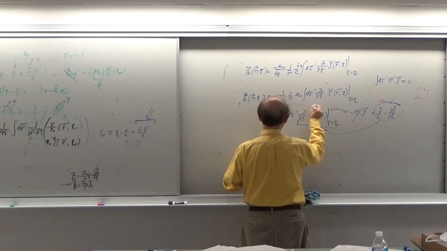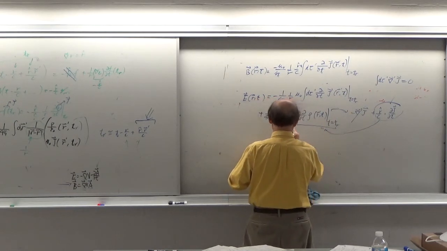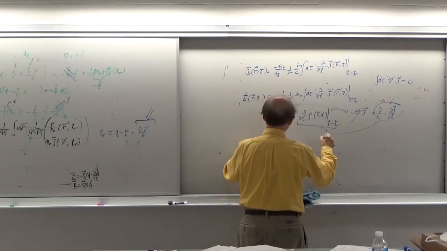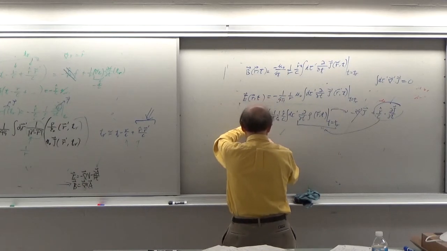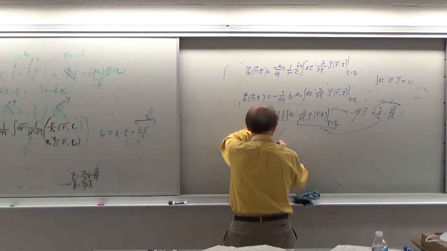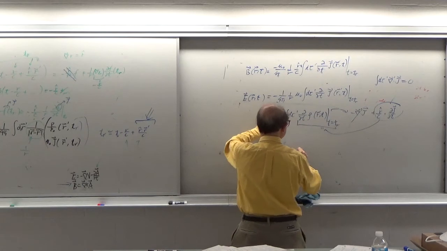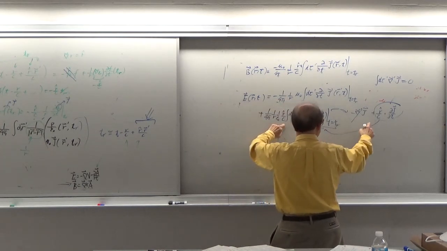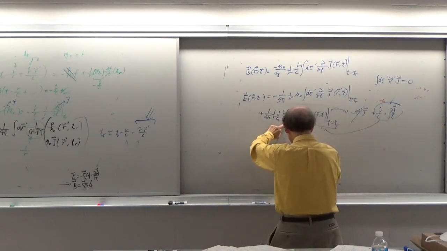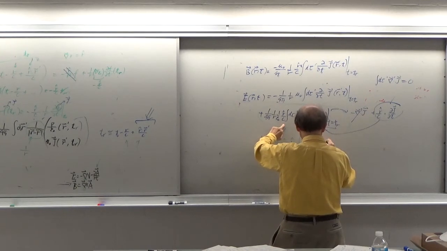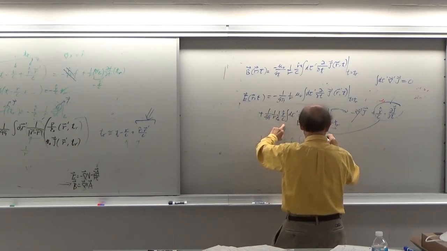So this term becomes 1 over 4 pi, 1 over epsilon naught, 1 over c, then I have r hat dot c over c dot 1, integral of del J by del t evaluated at t equals t_r.